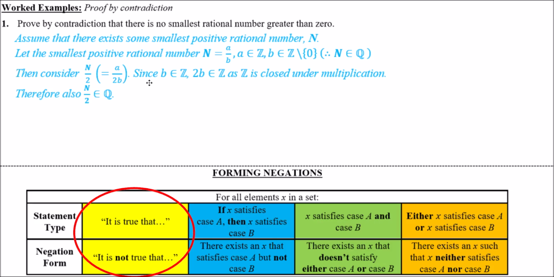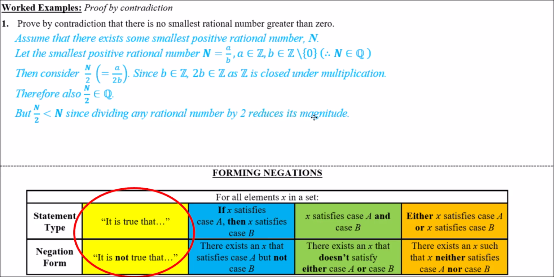So therefore, because 2b is an integer, and it won't be 0 either, and a is an integer, a over 2b, which is N over 2, will also be a rational number. But of course, N over 2 will have to be less than N, because it's just N being halved. So N over 2 is less than N, since dividing any rational number by 2 will reduce its magnitude.